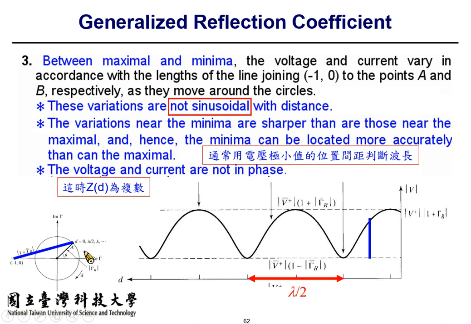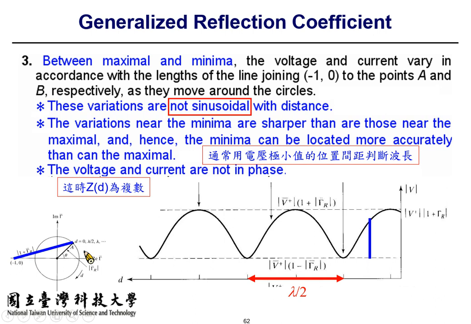If the transmission line is terminated with a short or open or pure reactive termination, then the reflected signal magnitude will be the same as the incident signal. Then this blue arrow may reach 0 every half a wavelength.